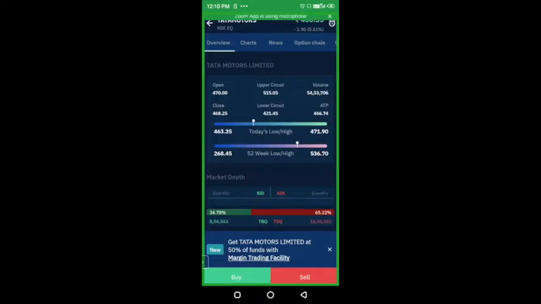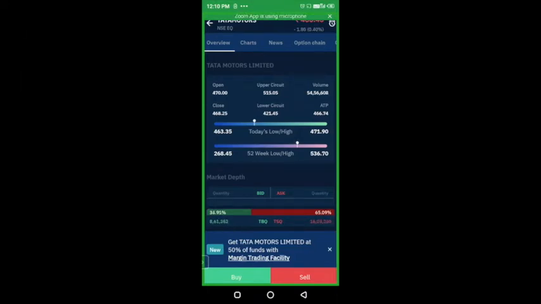So the upper circuit limit and the lower circuit limit are like boundaries. You know what, if the market just keeps on fluctuating like this, the traders, the retailers, they will be affected more, right? So for that purpose, SEBI is the organization that controls the fluctuations in the market, okay?